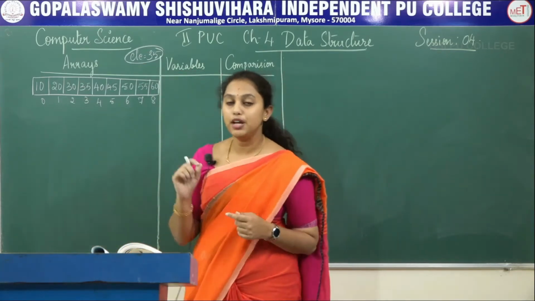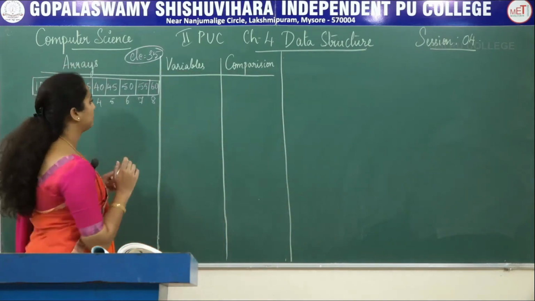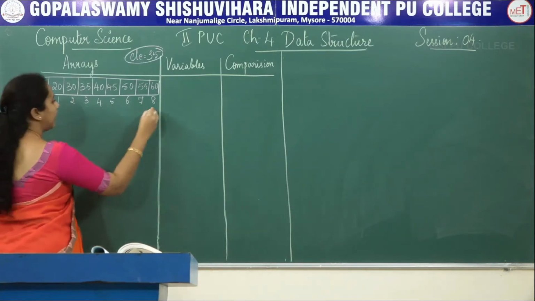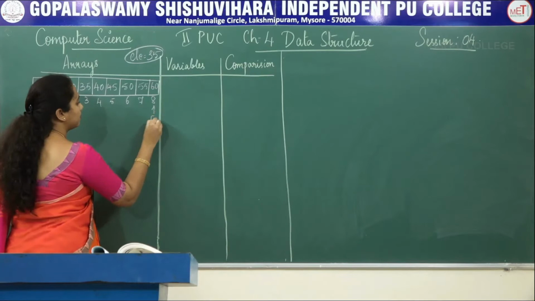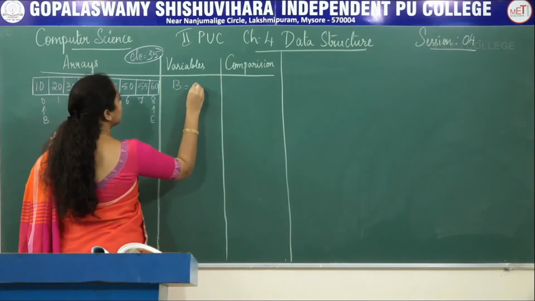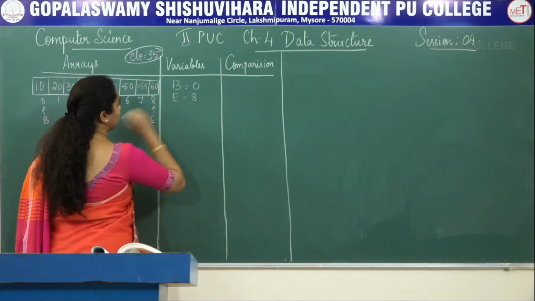In the next step, we have to mark down the beginning as well as the end. So here this is our beginning and this is our end. Beginning is equal to 0, end is equal to 8.